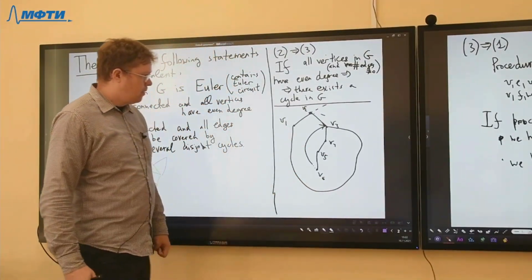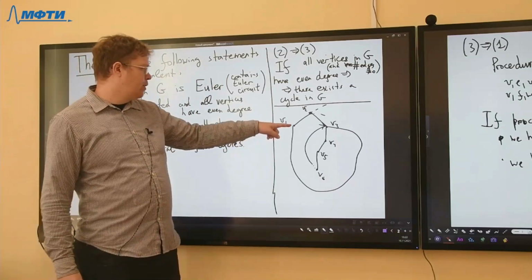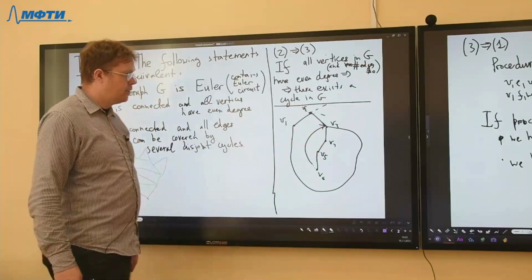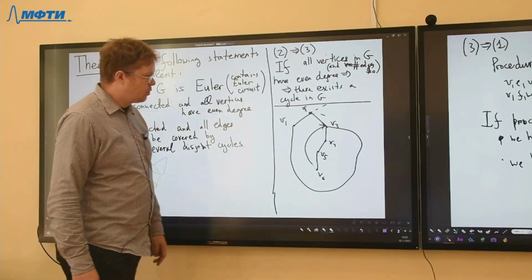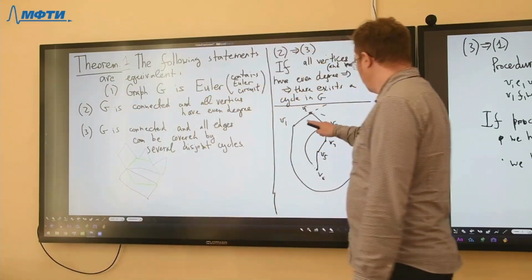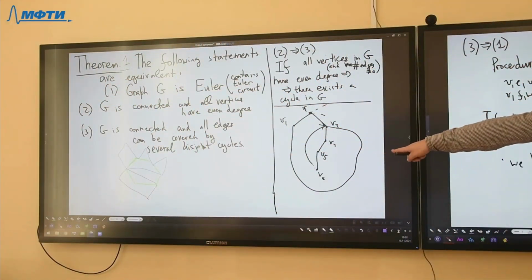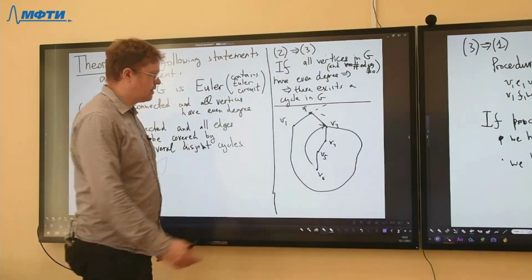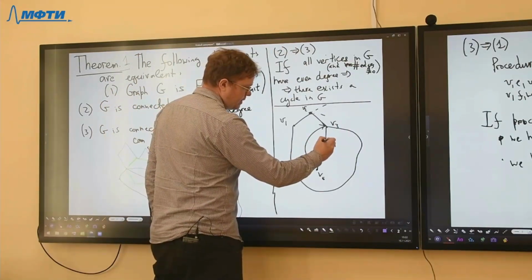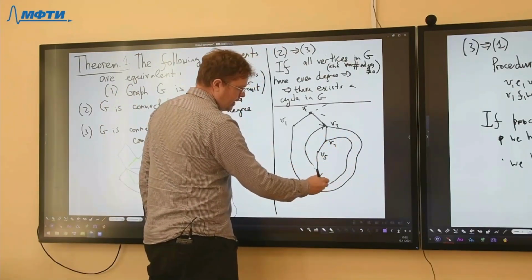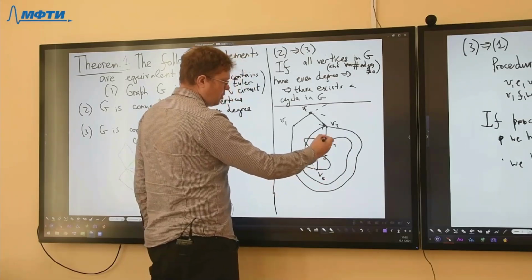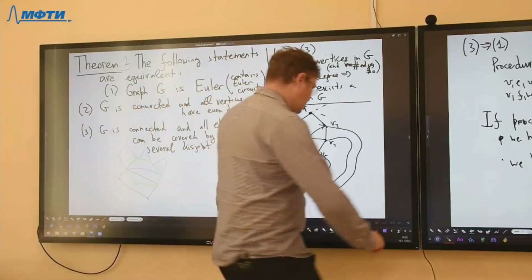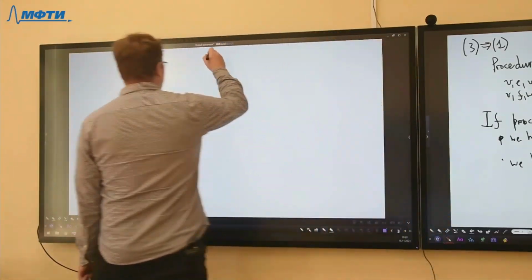But now there is a small problem, because we cannot go from v1 anywhere, but maybe we have other edges that we need to cover. So we need to look at vertices where we have additional edges, start from there, and try to construct again some circuit, and then we will add more and more edges to this path.